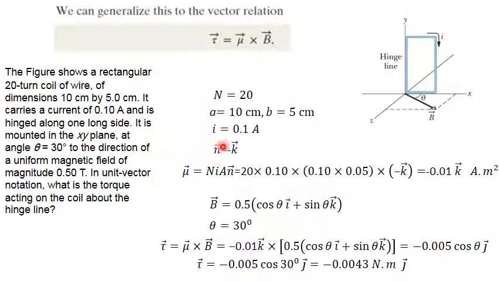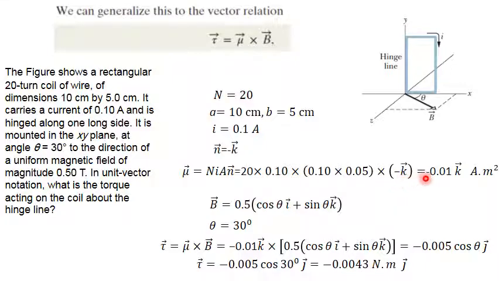So the normal to the loop would be minus k, or the vector of the magnetic dipole moment would be minus k. So the magnetic dipole moment in this case, mu as a vector quantity, would be NIA in direction n. So N is 20, I is 0.1 ampere, A is 0.1 multiplied by 0.05, in the direction of minus k.